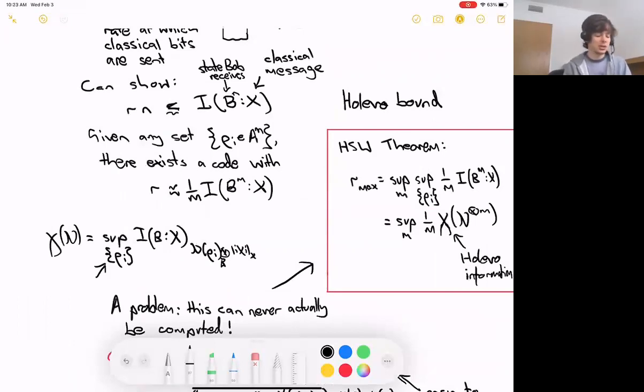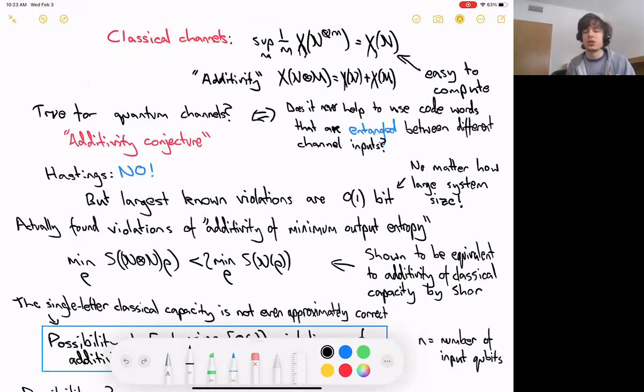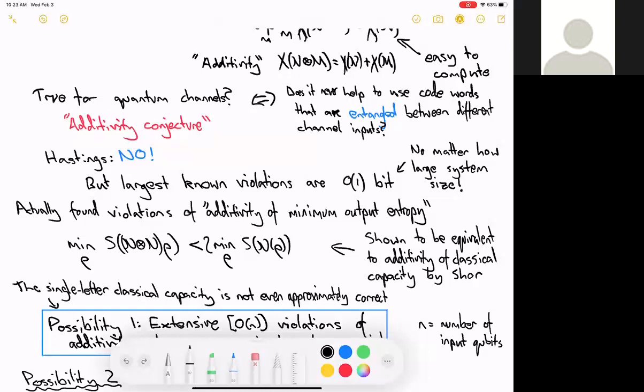So if we have the tensor product of 2 channels, then clearly it's at least as big as the sum because we can put in product rho i's, but maybe by using entangled rho i's, we can make it even bigger. In the other case, with the minimum output entropy, we're minimizing over rho, right? So by using some entangled state rho, maybe we can make the output entropy even smaller. Yeah.